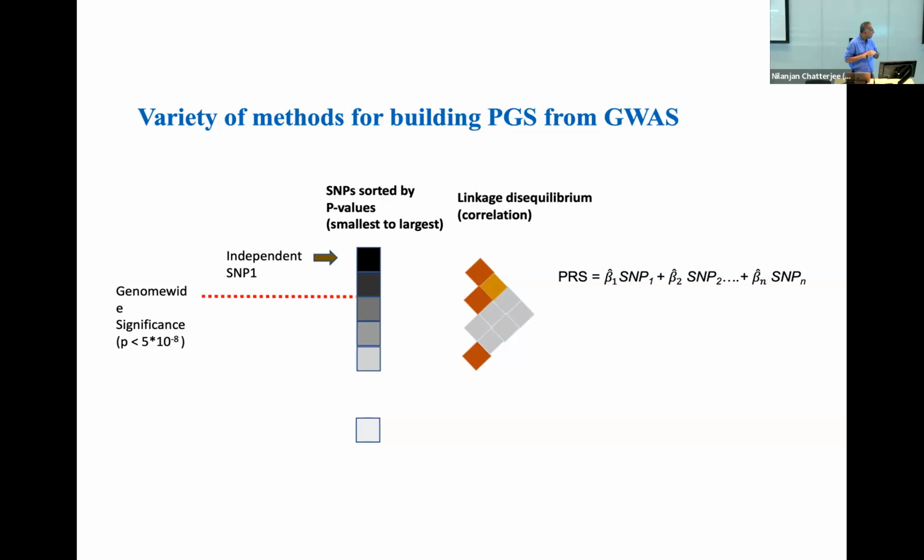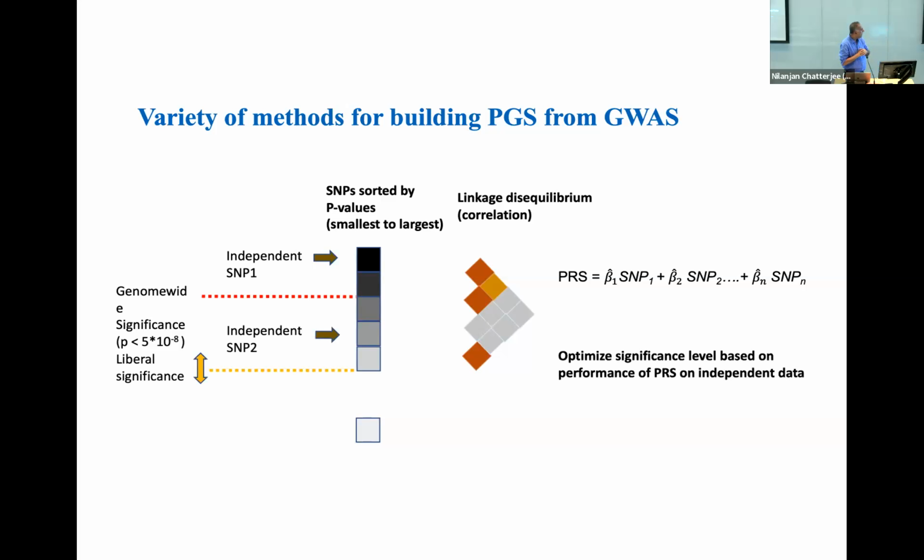The next set of methods was called clumping and thresholding. People realized that if we just focus on the very top SNPs, we are probably missing a lot of signals with weaker effects. They did not reach genome-wide significance, but they still contribute to the trait variation. So they proposed that we relax the threshold, instead of 5 times 10 to the minus 8, and make it more liberal.